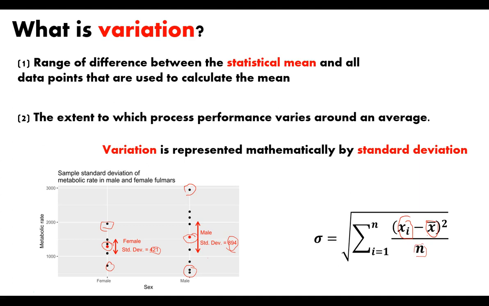So when you consider that, this definition of standard deviation mathematically makes sense. If anyone doesn't know how to calculate the standard deviation, you can look at that equation and see that it has some intuitive meaning behind it.